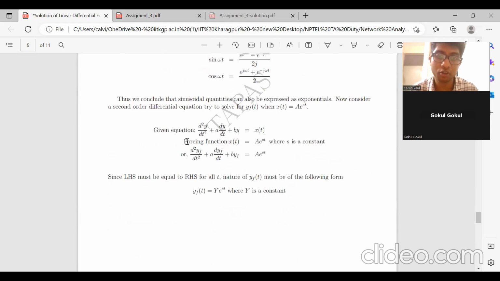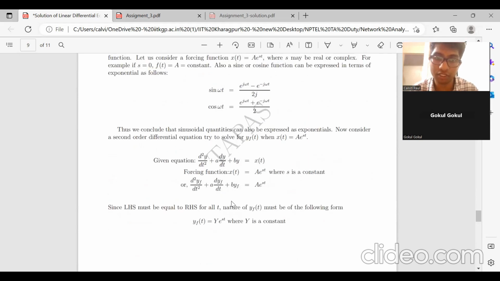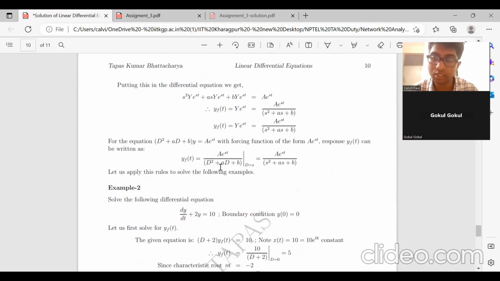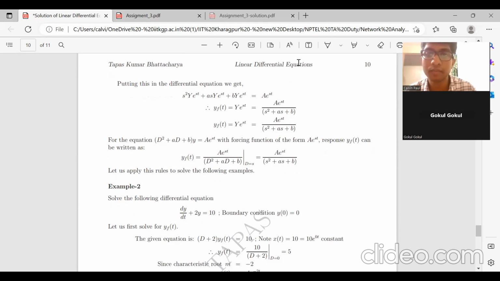There is a characteristic polynomial of the second order differential equation, that is D square plus aD plus b. That is the characteristic polynomial of the differential equation, and this is the forcing function a into e to the power st. If it was a constant DC voltage, let us consider that there's a DC voltage.